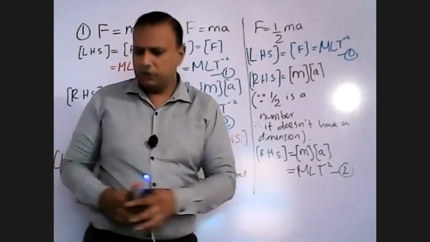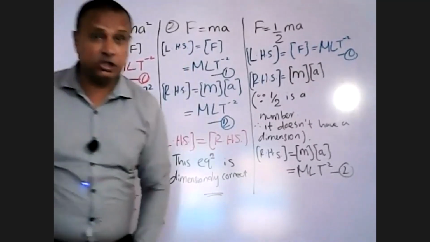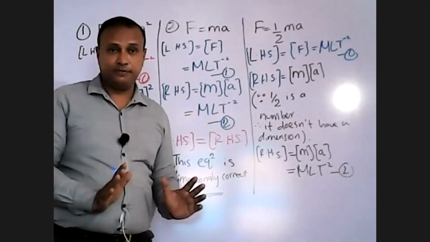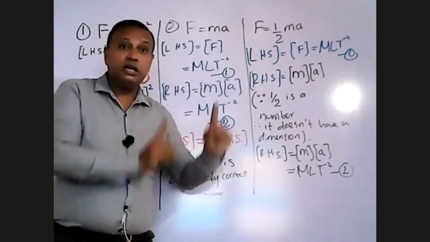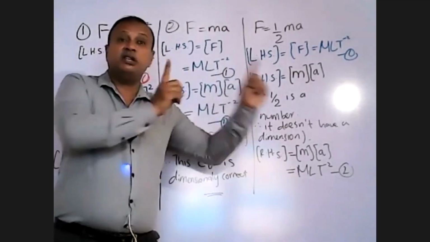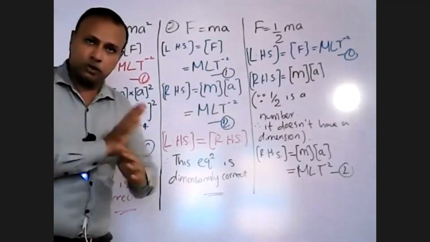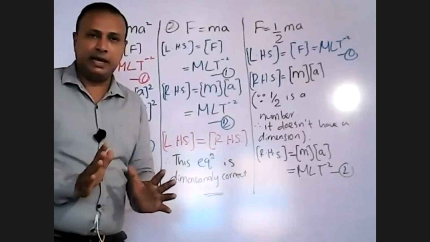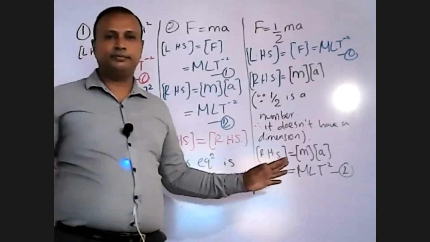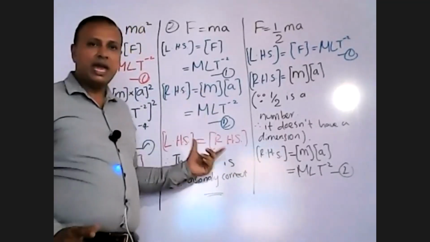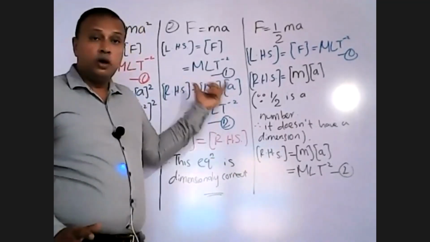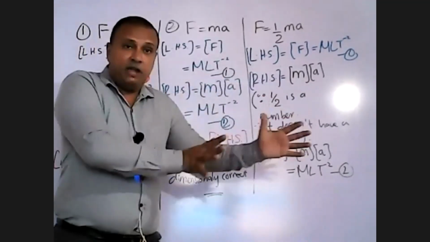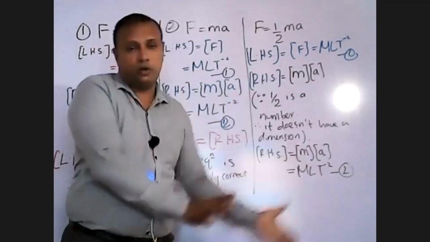That is the limitation of this analysis. If the equation is wrong, obviously we can say it is wrong, with no further arguments. But if we have the same dimensions in RHS and LHS, we cannot say whether the equation is right or not.